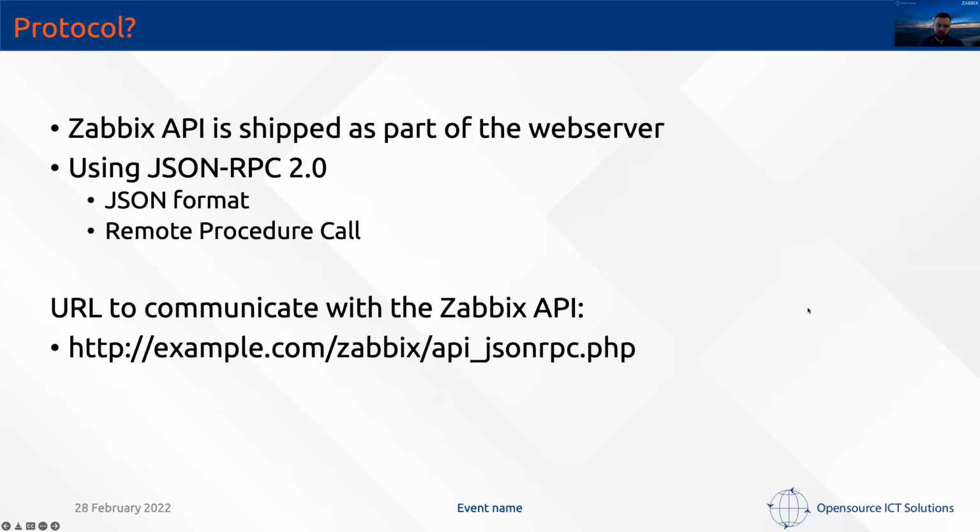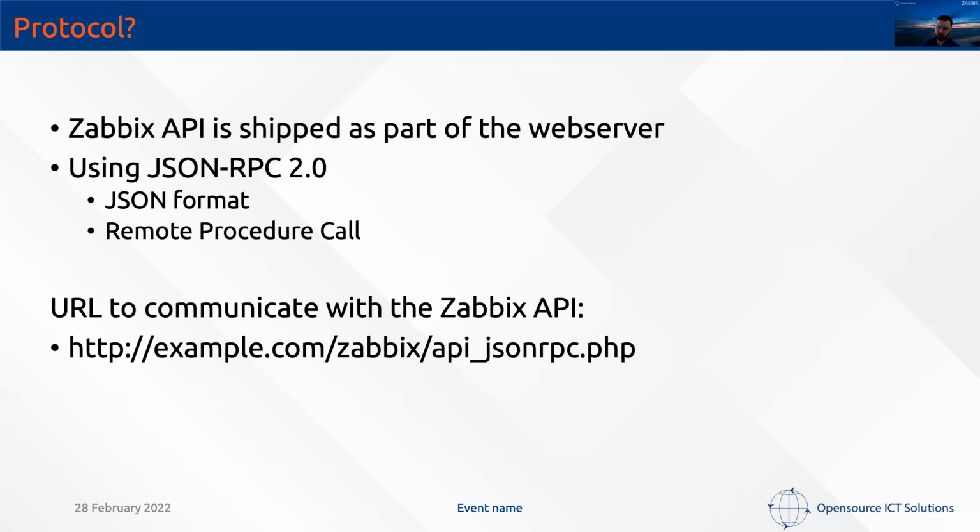So the Zabbix API is part of the Zabbix web server. It's a way that we can use to extend Zabbix beyond its current feature set and capabilities, or add it into our own applications that we use within our organizations. As such, it is shipped as part of the Zabbix web server frontend to allow you to actually start integrating it with other things.